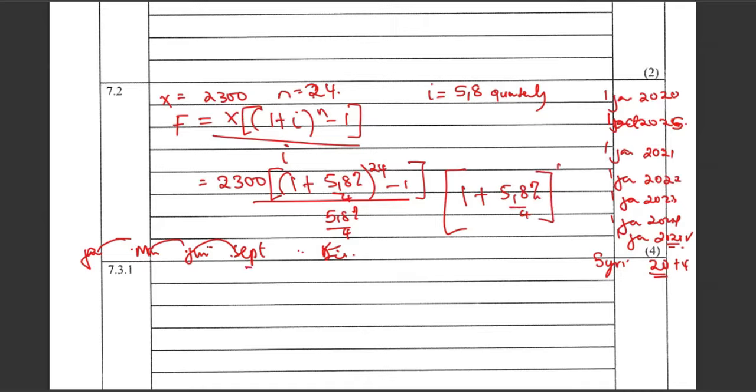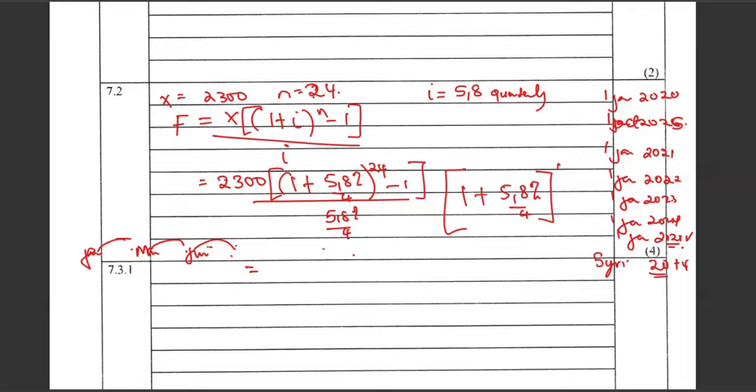Okay, so when I punch everything into my calculator, let's see if it's going to give us something that is reasonable. So 1 plus 5.8%, we are compounding it quarterly, so over 4, we say to the exponent of 24 minus 1, over 5.8% over 4. Okay, so this bracket alone gives me something like 6.546 something.